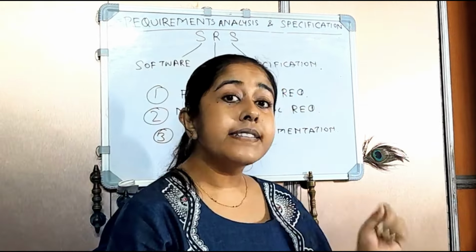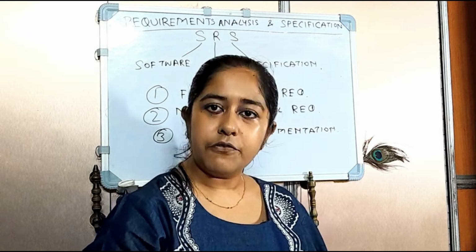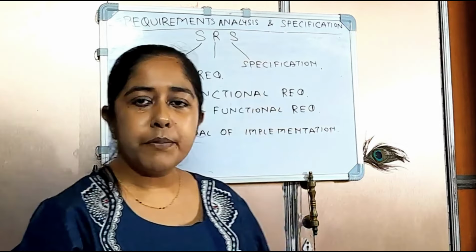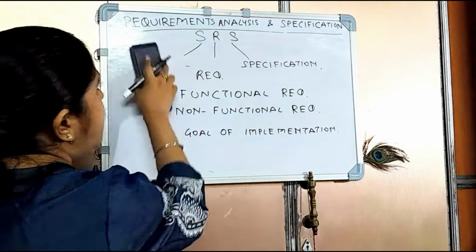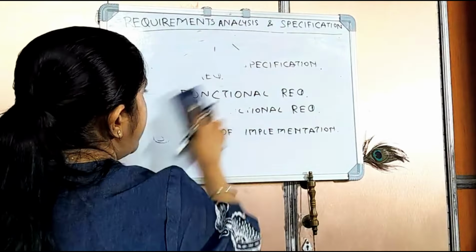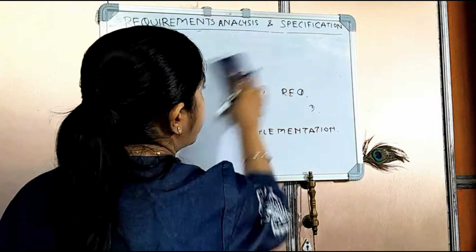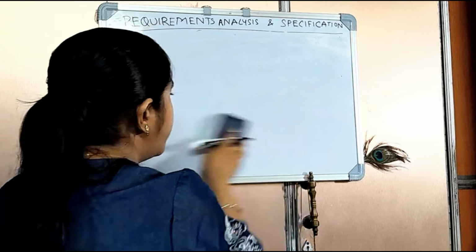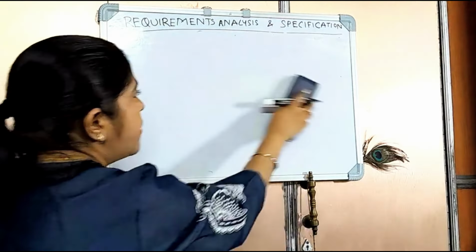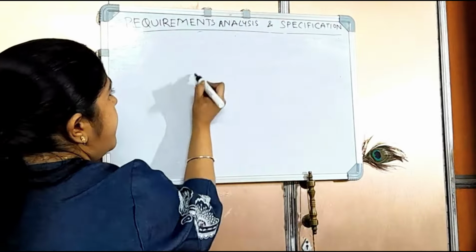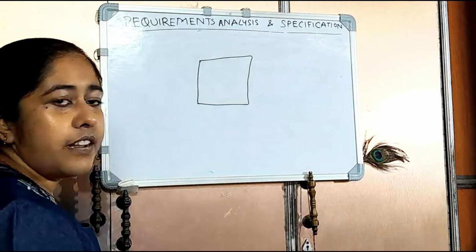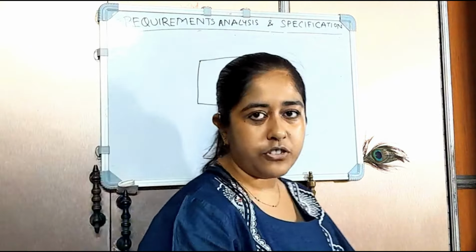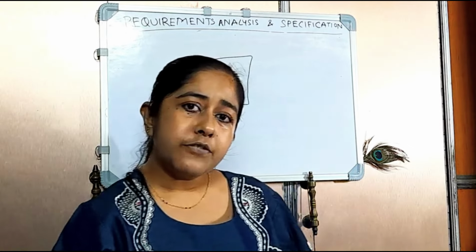Okay, now what are these things? What are functional, non-functional requirement, goal of implementation? We will go one by one. So first one is functional requirements. What are functional requirements? Suppose you are having a high level function. Here we are working with a high level function. What will it do?